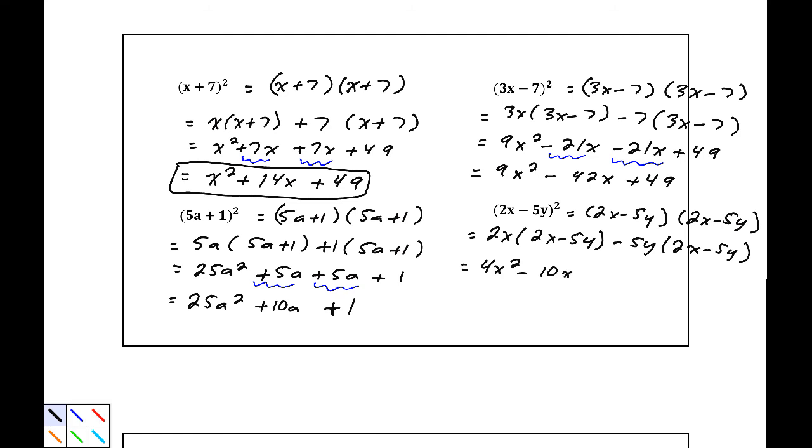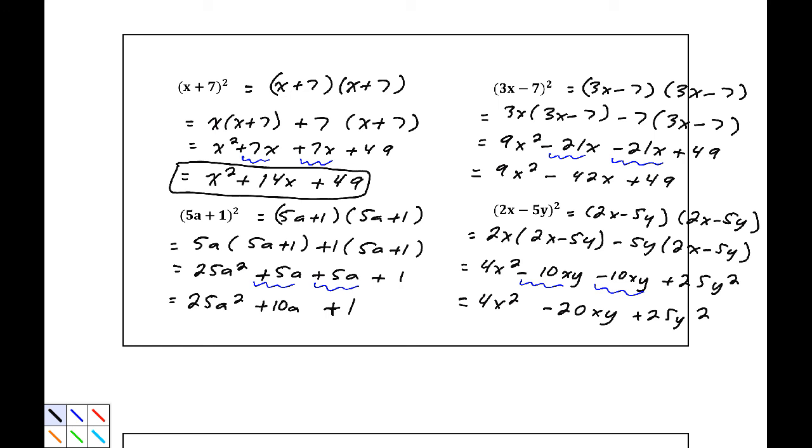And distributing negative 5y to 2x minus 5y results in minus 10xy plus 25y squared. Negative 10xy and negative 10xy combine to be negative 20xy, so that my result is 4x squared minus 20xy plus 25y squared.